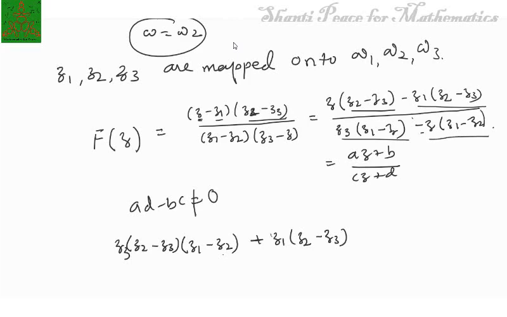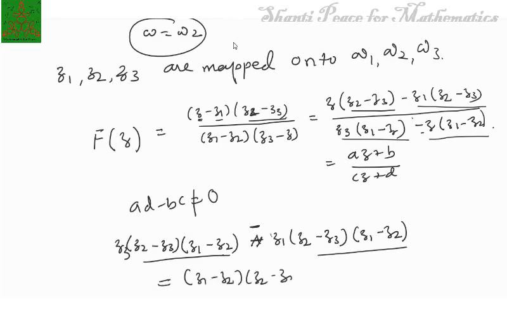Minus sign is already there, so this will again become minus z1 minus z2. Now this quantity is common, so this will equal z1 minus z2, z2 minus z3 into z3 minus z1, which is not equal to 0 because z1, z2 and z3 are distinct points.